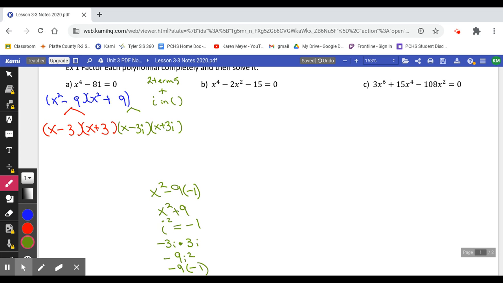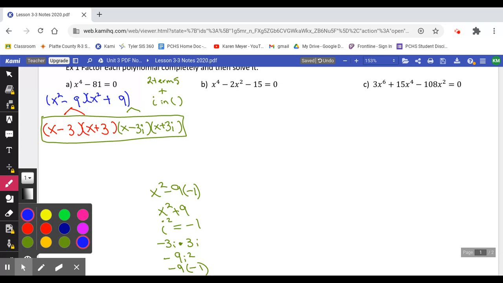Yay! So moral of the story, if it has two terms with a plus, you're always going to put an i there. All right, so here's my factored answer. Boom. Now we have to do the solving answer.